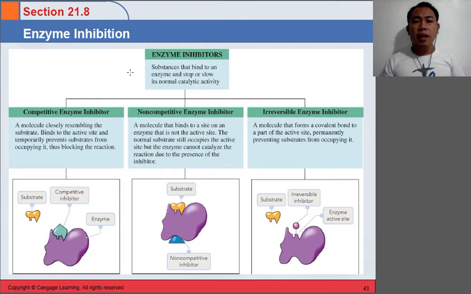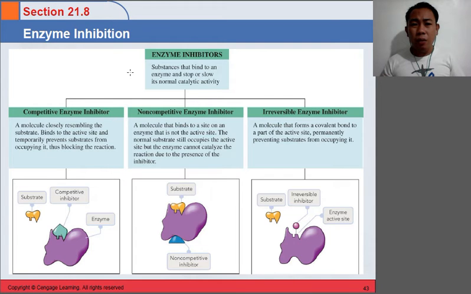Now let's talk about enzyme inhibition. Enzyme inhibition is the inhibition of the activity of the enzyme, and we have the enzyme inhibitors. Enzyme inhibitors are substances that bind to an enzyme and stop or slow down the normal catalytic activity of the enzyme.